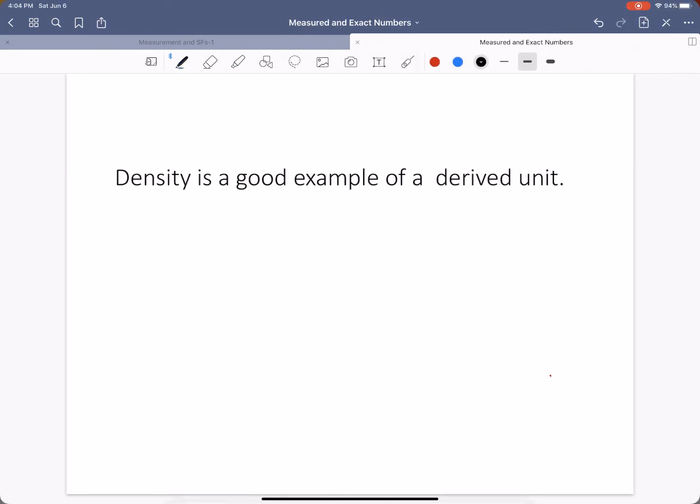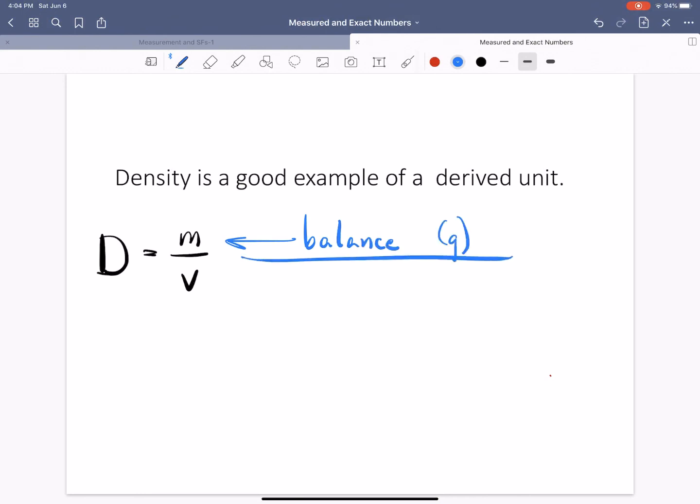So density is the relationship between mass and volume of a single sample. The mass can be determined on a balance, and the balance will give us a value in grams. The volume can be determined maybe from a graduated cylinder, in milliliters.